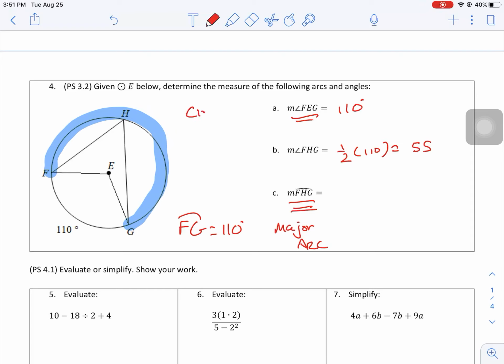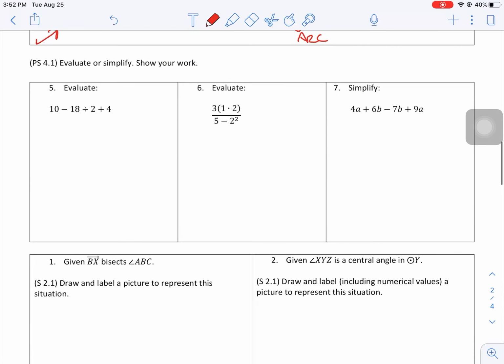So if you remember that a circle is 360 degrees, and if this part here is 110, then we just take 360 minus 110 to figure out the other part, the outside part. Okay? So 360 minus 110, and that equals 250 degrees. Okay?